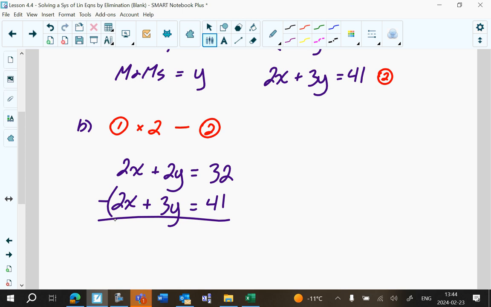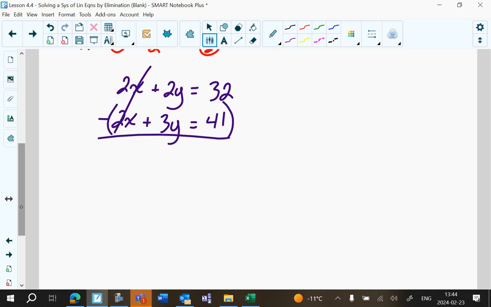Well, those are going to go. What are we left with? Negative y is equal to negative 9. So if negative y is equal to negative 9, positive y is equal to positive 9. You just switch the sides.